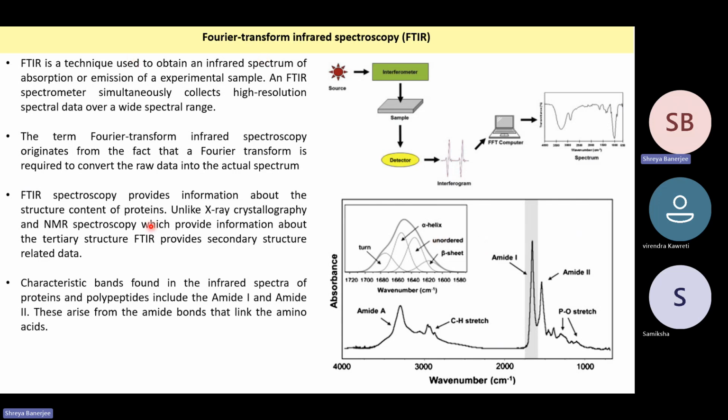FTIR is basically, IR spectroscopy is the concept. FTIR refers to the instrument that you are using. FT stands for Fourier transform. Basically, what it does is that using the computer, it is converted to the spectra that we know. This is the spectra that we know.